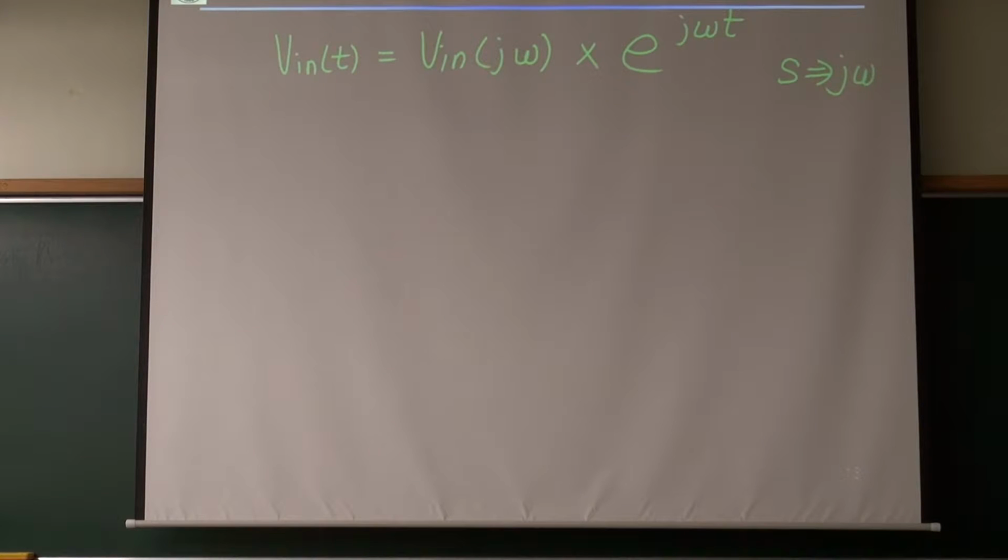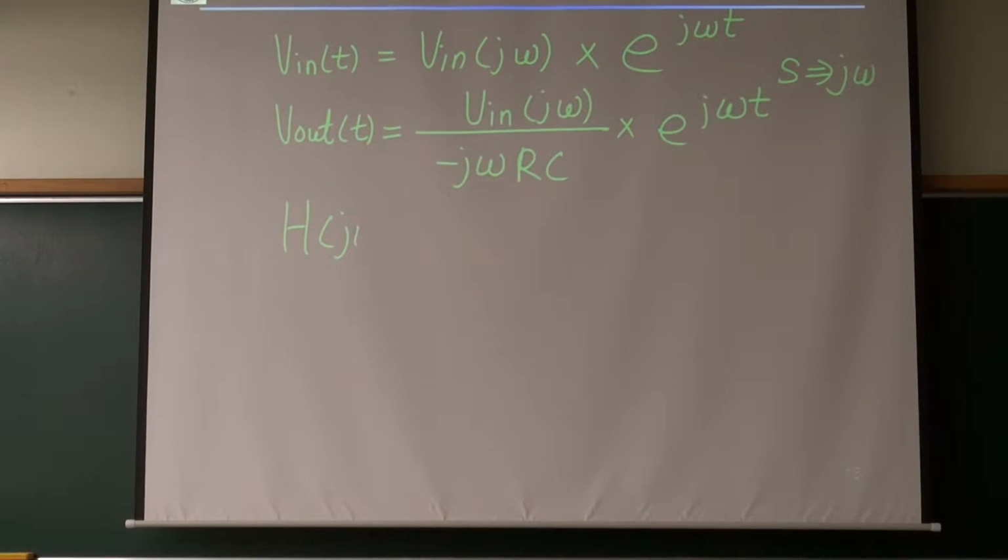Then my output voltage will change to minus J omega RC V in J omega exponential J omega T, right? Yeah, in this case, my transfer function will be, so this is a continuous time integrator.